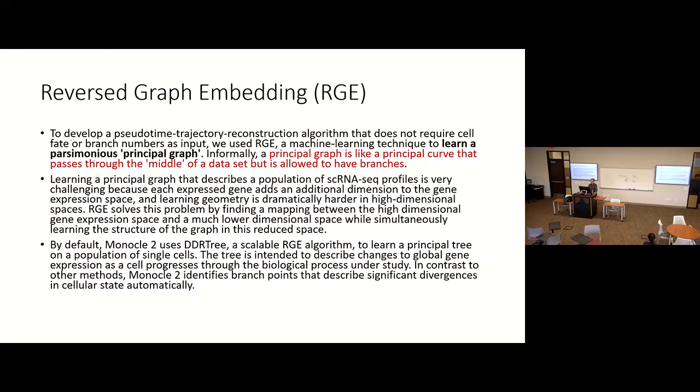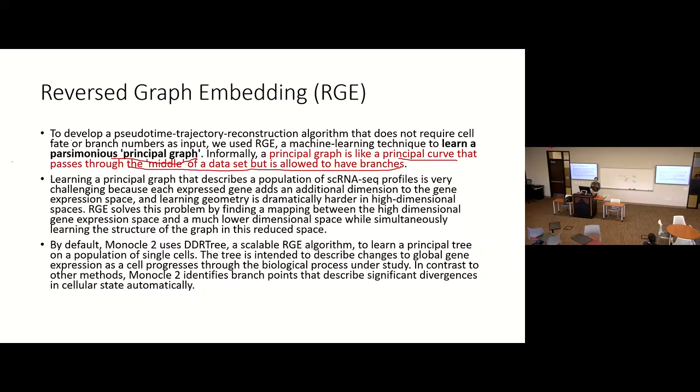So they use this to learn the so-called principal parsimony graph, which is basically a curve. This curve will pass through the middle of the data points, and also allow them to have a branch.